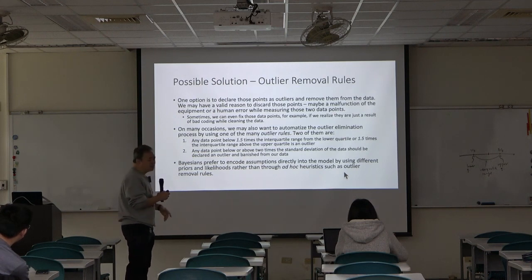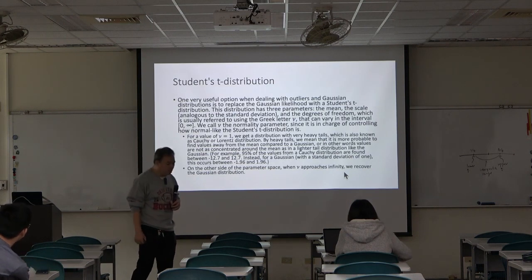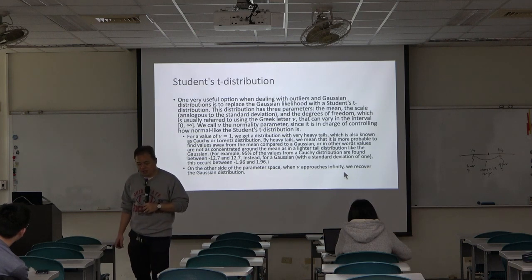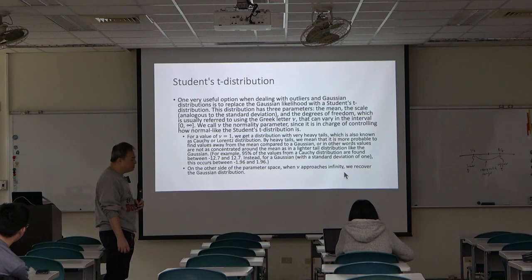So the following is the solution: when we see more outliers in the data set, we can replace the Gaussian model by what we call the student t distribution.